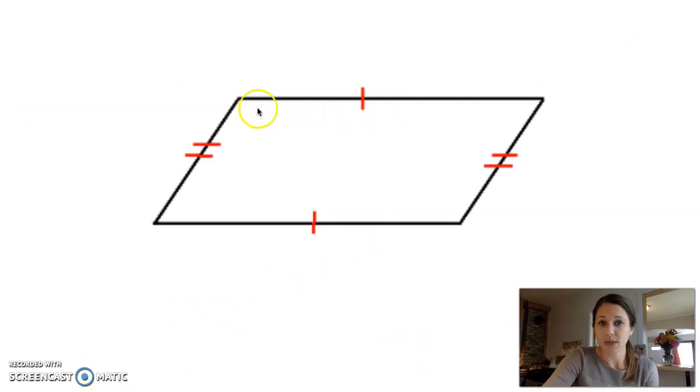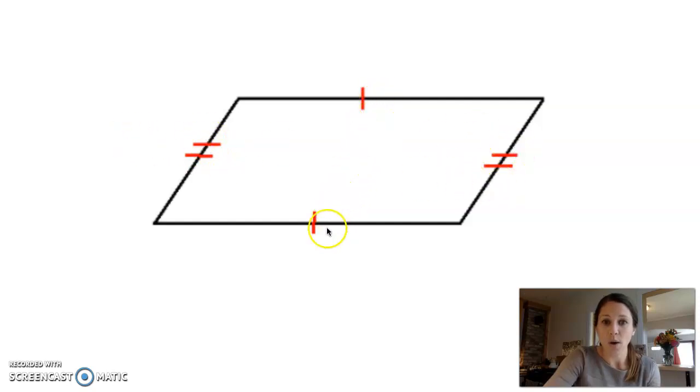So we talked about parallel lines already. This parallel line on the top and this on the bottom, with these dashes, just the 1 dash and the 1 dash, we're showing these opposite lines are parallel, and we're showing the line segment on the left and the line segment on the right with the 2 dashes are also parallel.